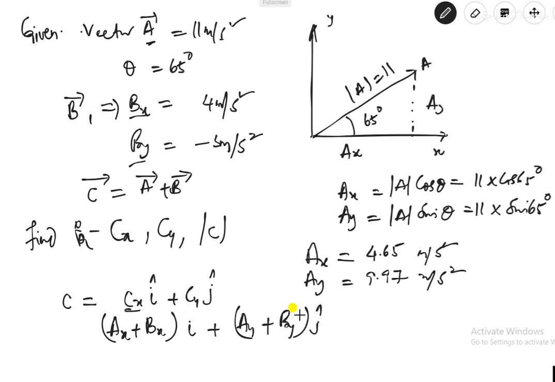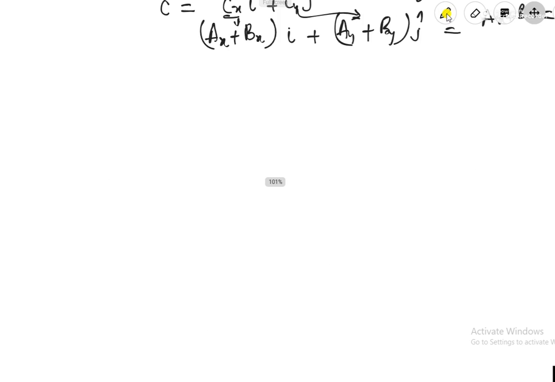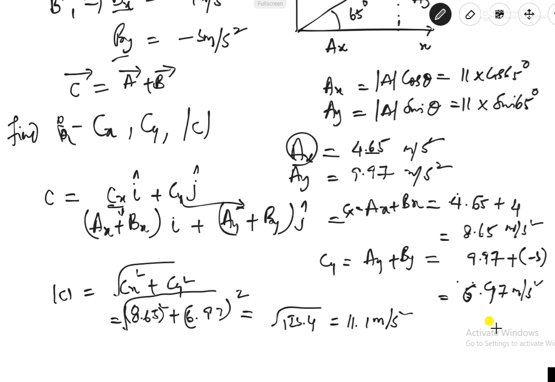This is how we will write it. So Cx is equal to Ax plus Bx, that is 4.65 plus 4, which is equal to 8.65.